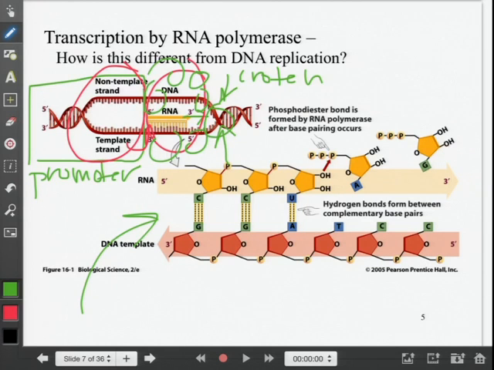Hydrogen bonding is the same between U and A as T and A, the same kind of strength, right? Phosphodiester bonds along the strand, hydrogen bonds between. It brings its own energy when it cleaves those phosphates off to do that phosphodiester bonding. Condensation reaction, lose water, same idea.